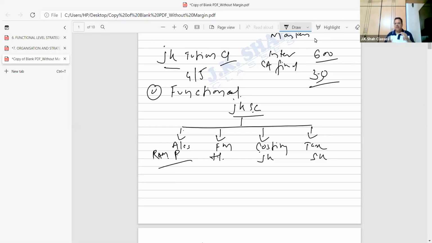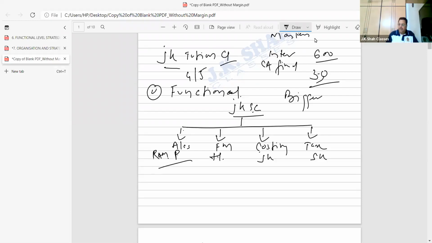What happens when a simple becomes a functional structure, beta? It's well evident you can do business on a bigger scale, that's the first advantage. All right, you can cater to more number of customers. Second advantage, when simple becomes functional, you realize that there is division of work.